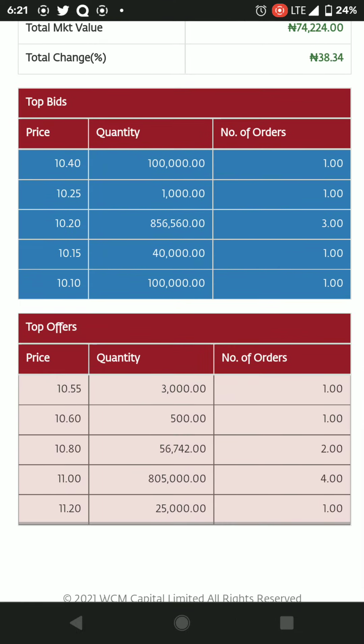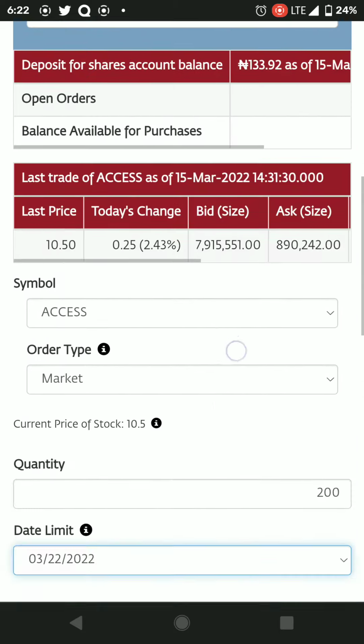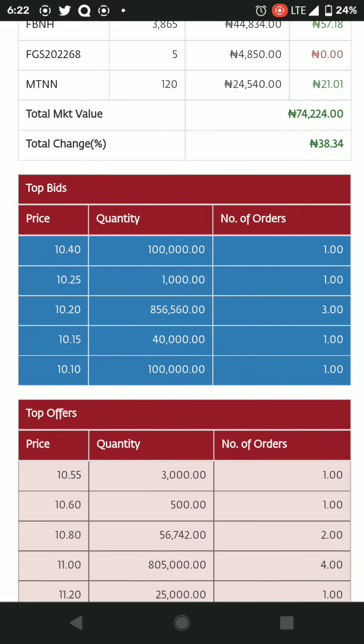Then the top bids. This top bids is showing the top 5 bid for the current stock I chose here. So this top 5 bid is showing 1, 2, 3, 4, 5. The top 5 people trying to bid for the stock, trying to buy the stock.